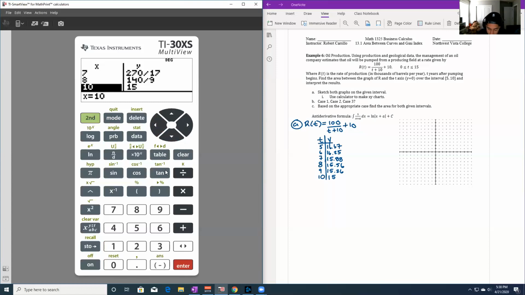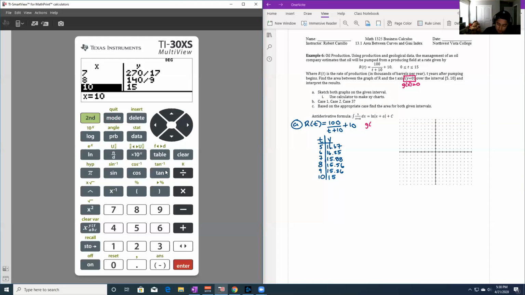And now for G of x, well, looking at the problem, y equals 0 is going to be my G of x. So down below, graphing G of t, since this is in terms of t.